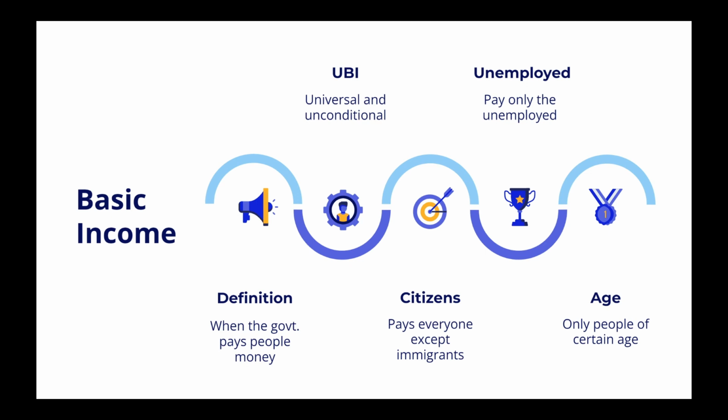There's also age, or the government only pays people of a certain age, kind of similar to the retirement pension, except you don't have to retire. So yeah, a basic income can be anything you want, but it could be UBI, citizens BI, unemployed BI, age BI. There's a lot of different types that you could use in a debate.